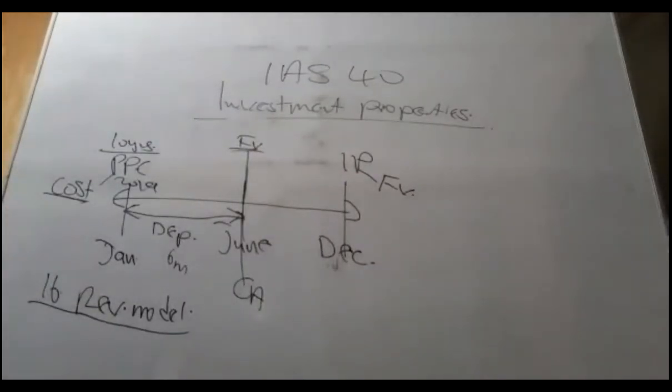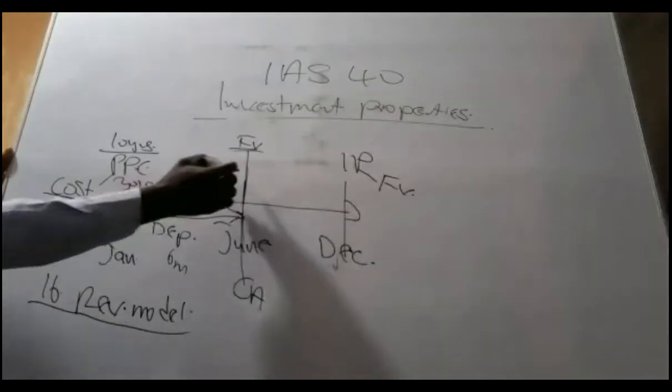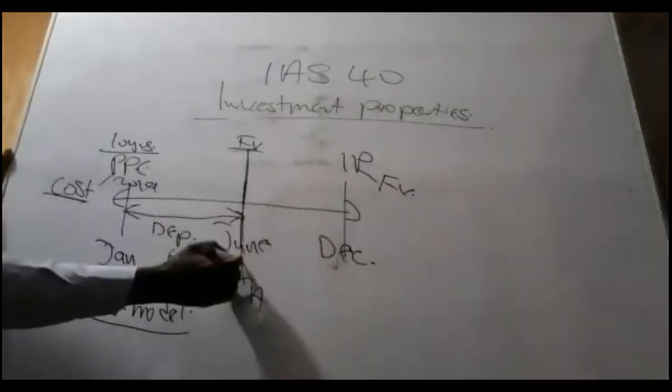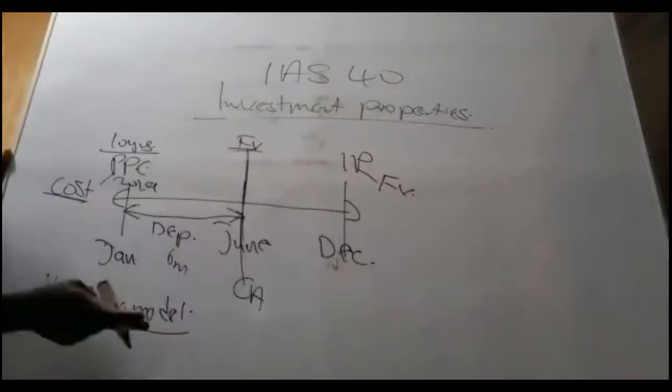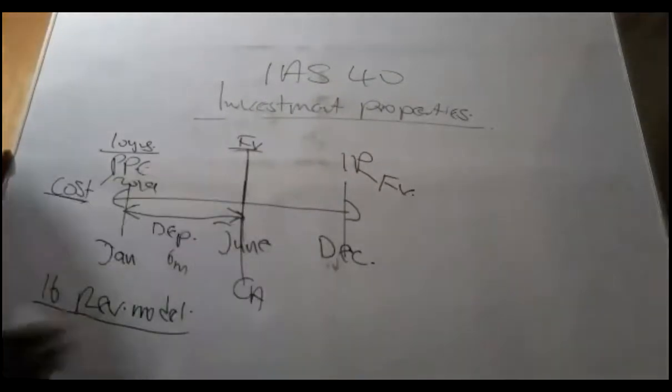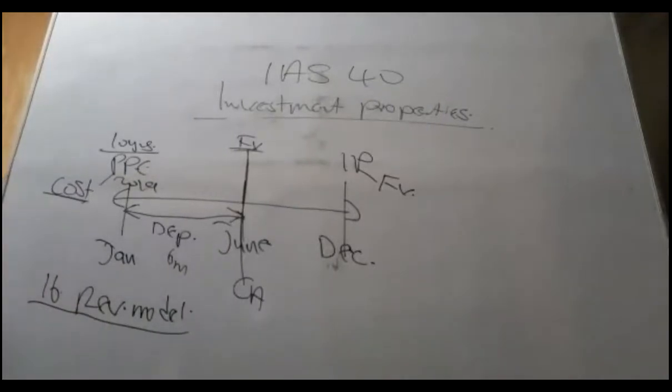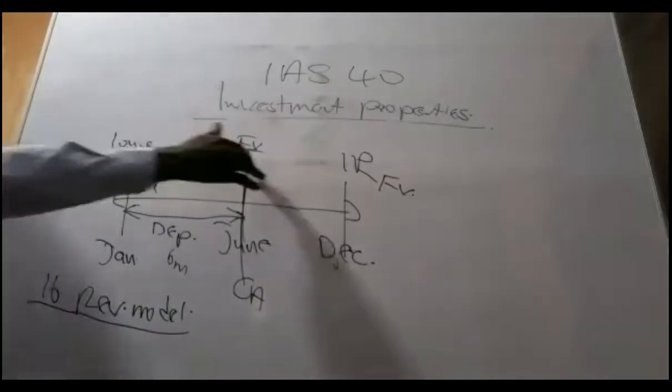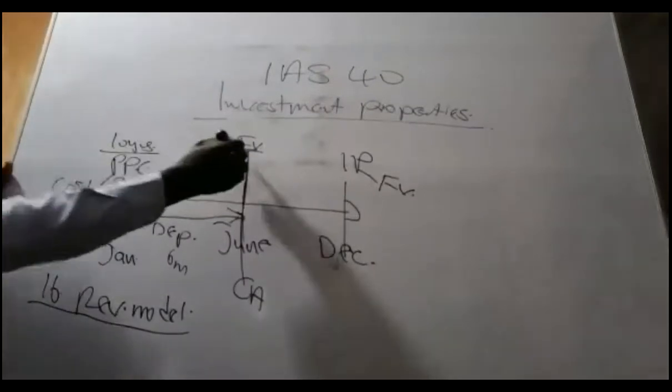Good. Now, right after the fair valuation gain or loss is accounted for under the revaluation model, the building is now properly ushered into what? Investment property. So from here going, investment property.